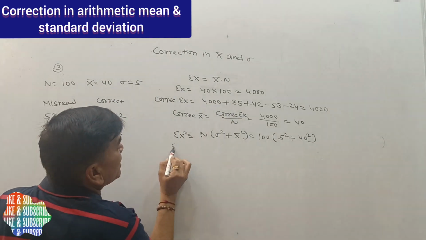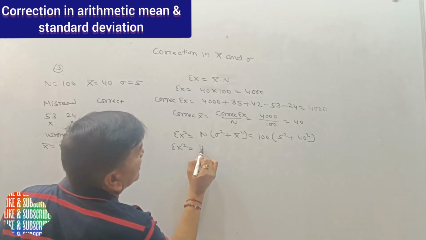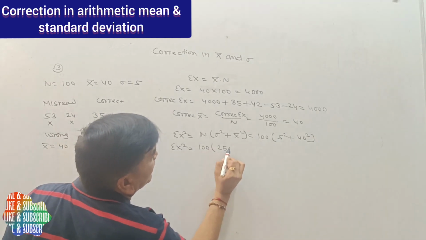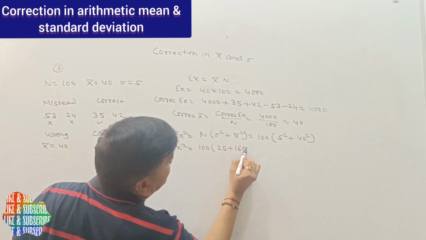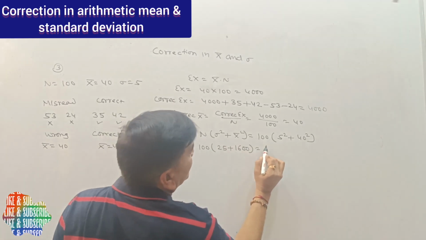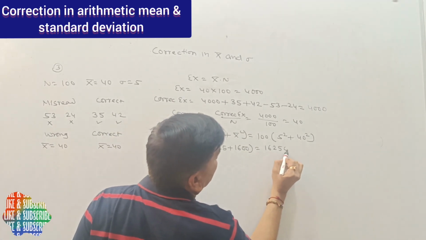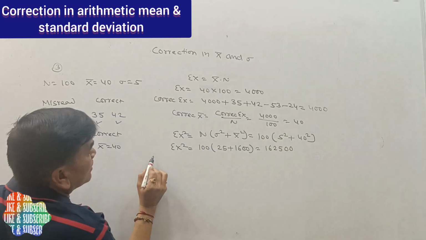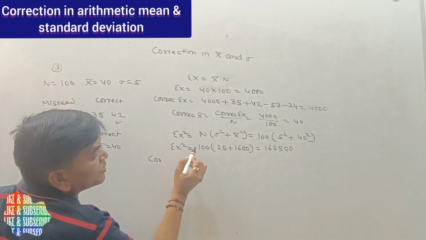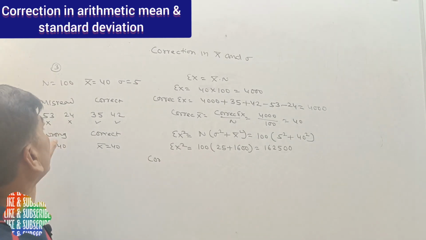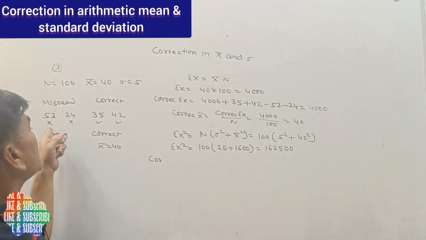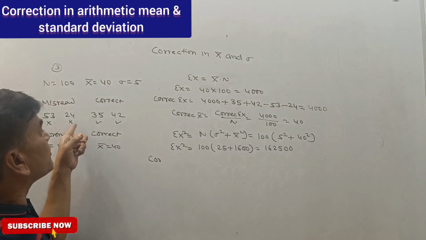So sigma x square is equal to 100 times 25 plus 1600, that is 162500.